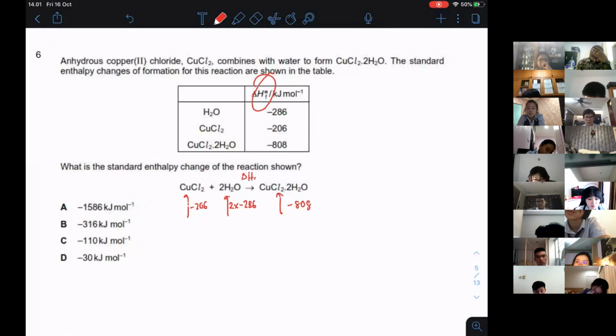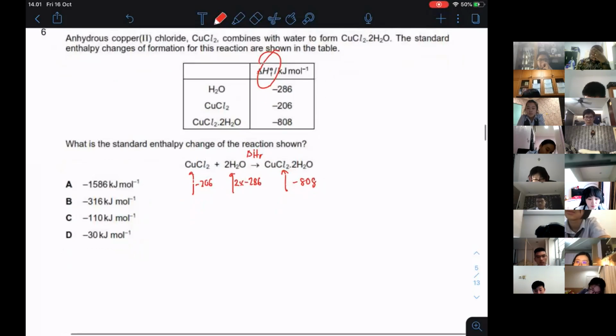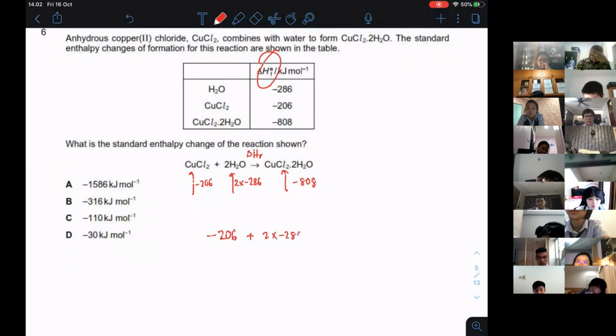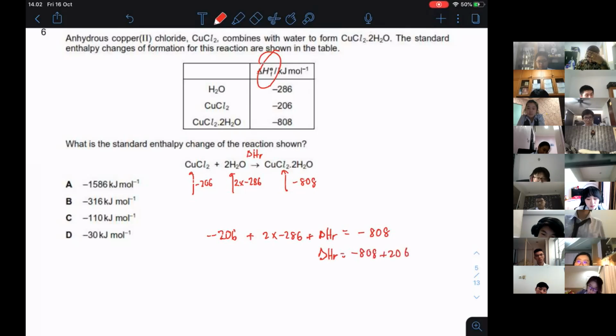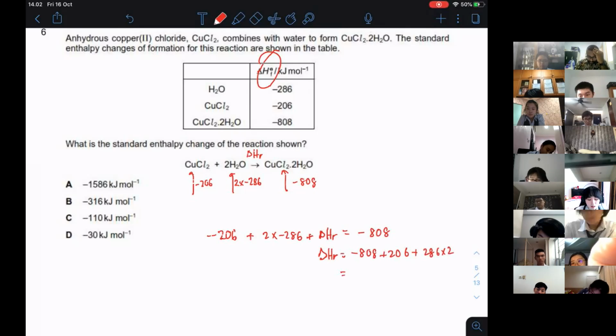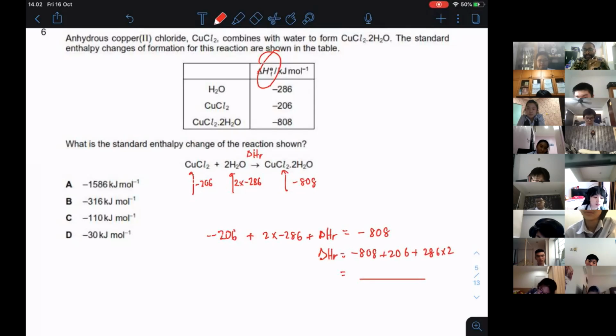So negative 206 plus 2 times negative 286 all clockwise, plus enthalpy change of reaction equals negative 808. Enthalpy change of reaction is negative 808 plus 206 plus 286 times 2. The negative will become positive. So you calculate. It's very easy.